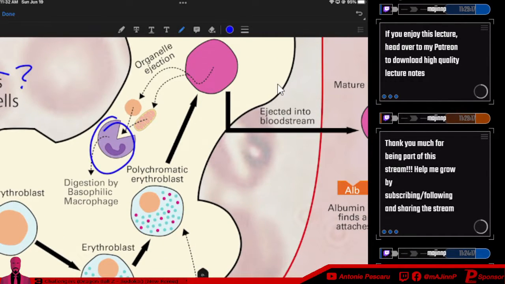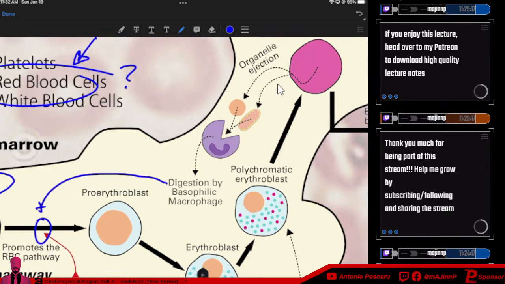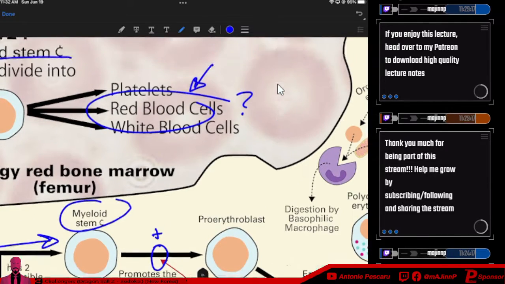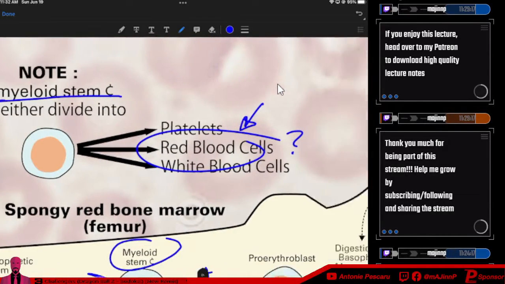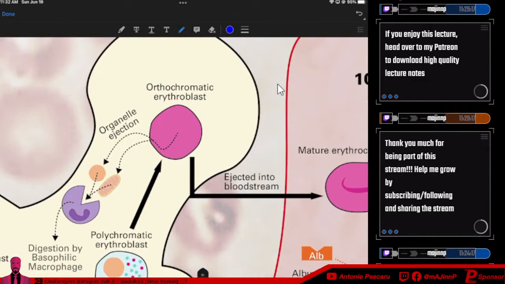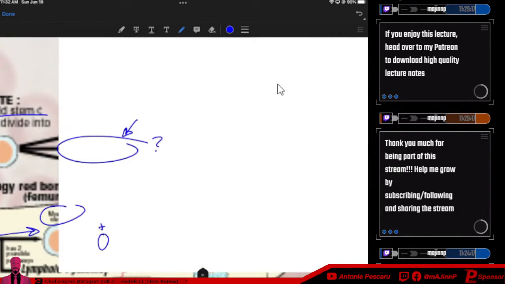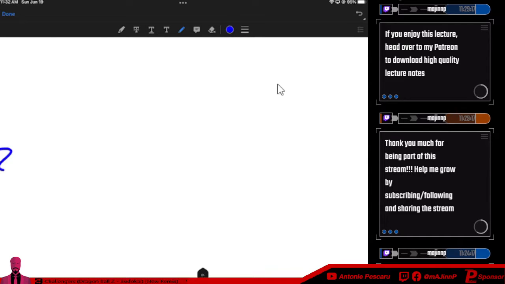As you can see here, they get digested by your macrophage and turned into proteins as well for even more synthesis of either red blood cells, platelets, or white blood cells, or any other proteins needed for the synthesis of your leukocytes, or any other cells that get synthesized inside of the red bone marrow, basically.